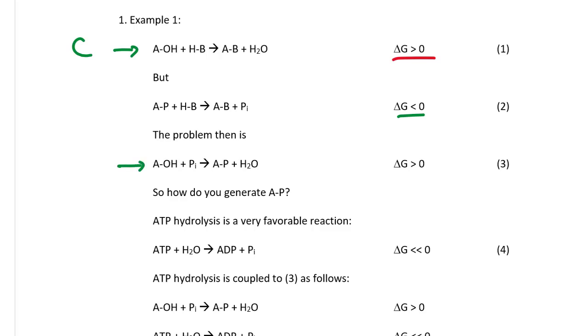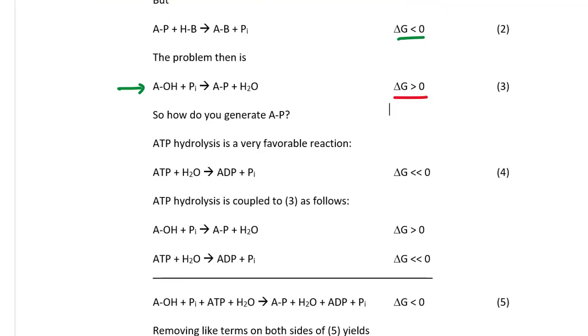This is also a condensation reaction because you have H2O as an output, and it does not favor the forward process because you have a delta G greater than 0. So this cannot happen. With the two reactions that have a delta G greater than 0, you're moving further away from equilibrium. So now, how do you generate A phosphorylated?